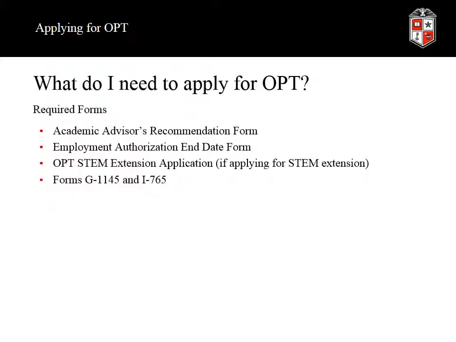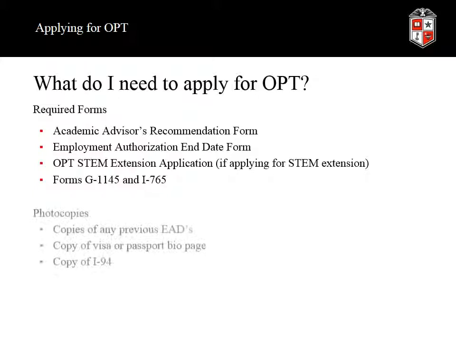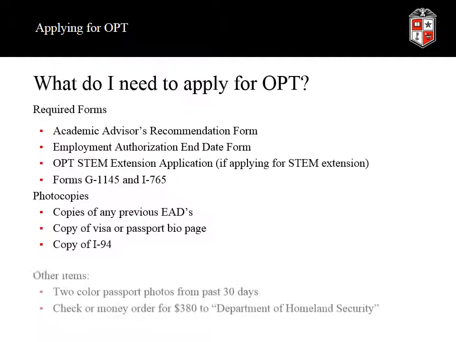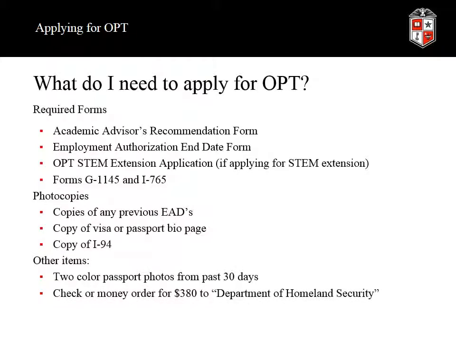One is the G-1145 and then also the I-765. You will also need copies of any previous EADs, a copy of your visa or passport bio page, and a copy of your I-94. In addition, you will need 2 color passport photos from the past 30 days and a check or money order in the amount of $380 made out to the Department of Homeland Security.